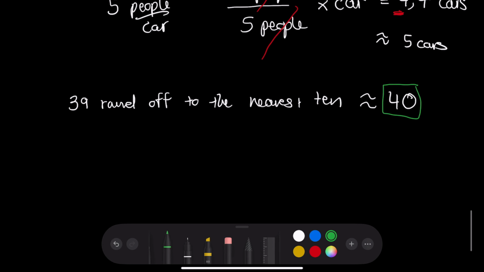But we cannot say equal to 40, because we know 39 is not equal to 40, right? Therefore, that's why we use this symbol to show it's approximately equal to that value.